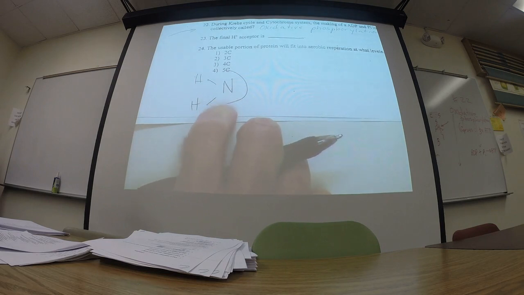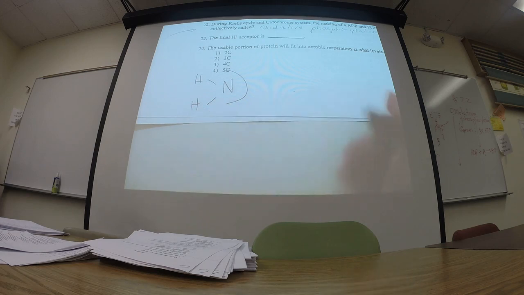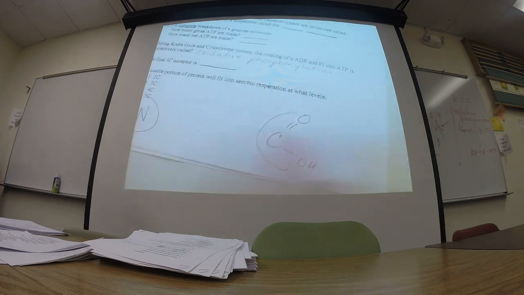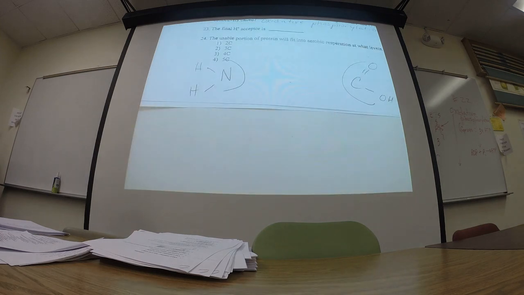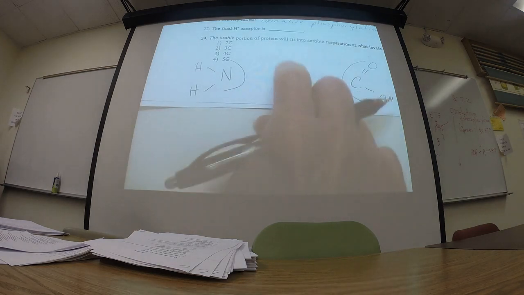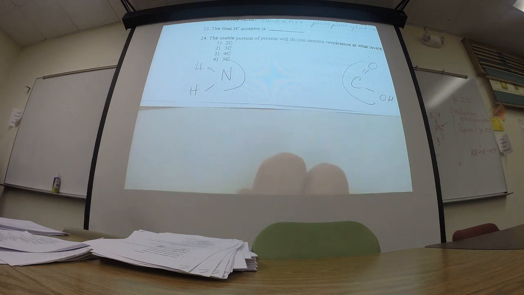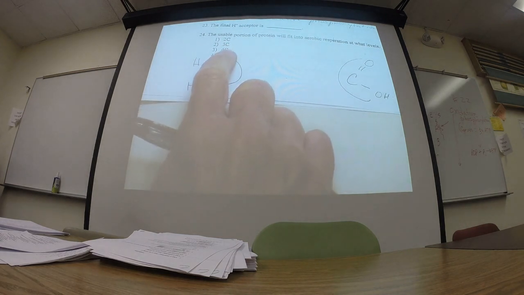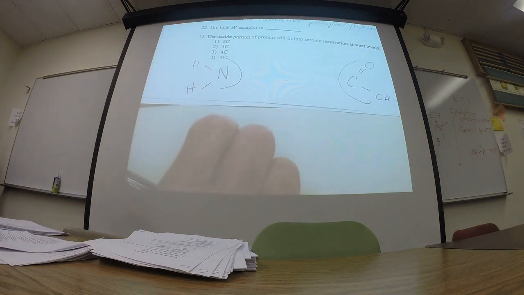What's this group called? Deamination. On the other end, if you hack off this group, what is that called? Decarboxylation. And that leaves you a usable chain of carbons down the middle depending on which of the 20 amino acids in your diet you're talking about. So you could have become a 2-carbon group, a 3-carbon group, a 4-carbon group, or a 5-carbon group.